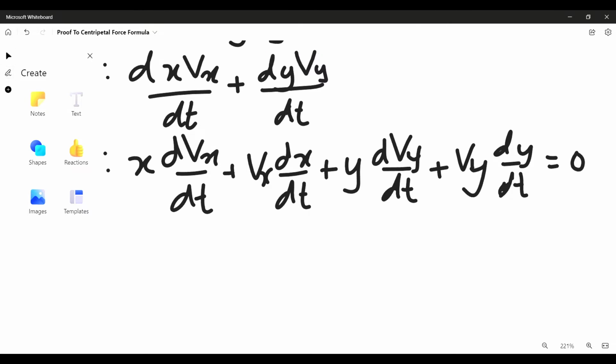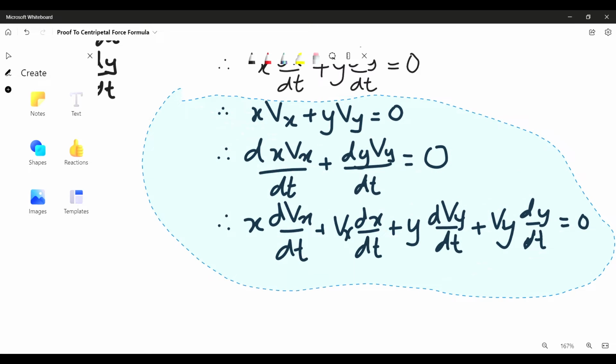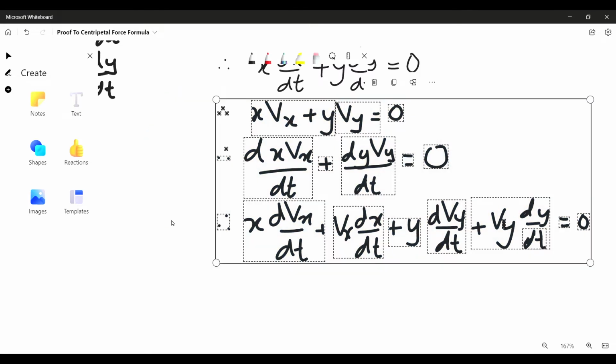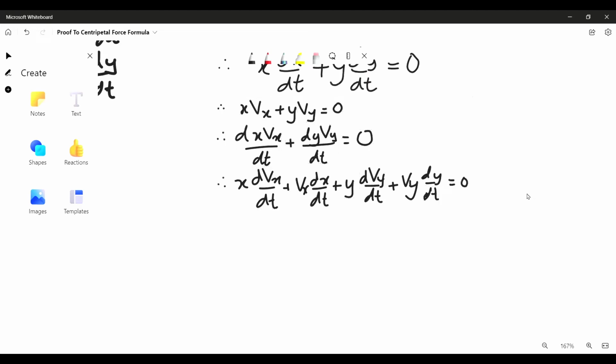So we have come to this, with a 0 on the right side. And this is the interesting part. Till now we haven't really thought of it as vectors.